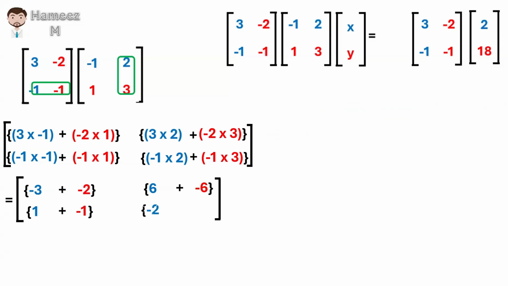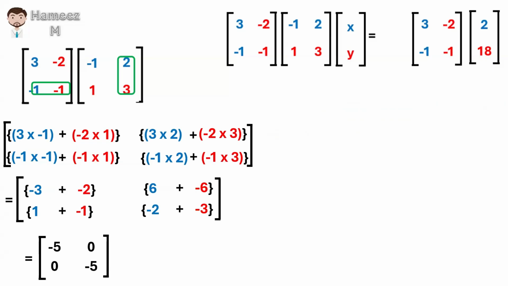Minus 1 by 2 is minus 2, minus 1 by 3 is minus 3. So if we add them up, we're going to get minus 3 minus 2 is minus 5, and then 6 minus 6 is 0, 1 minus 1 is 0, and minus 2 plus minus 3 is minus 5.